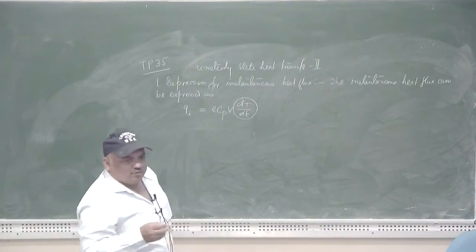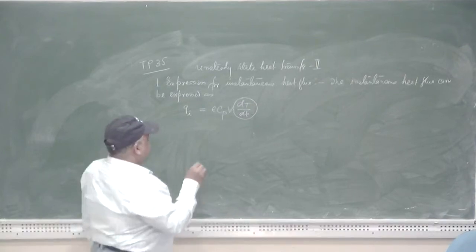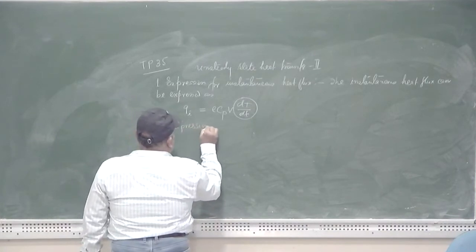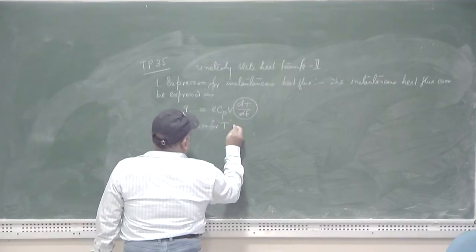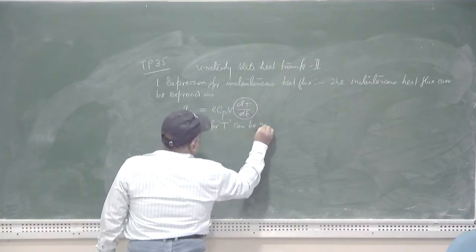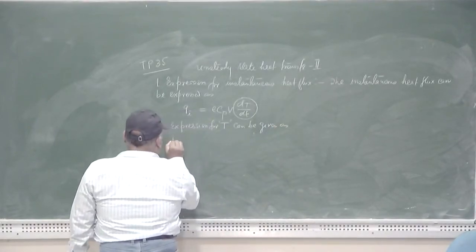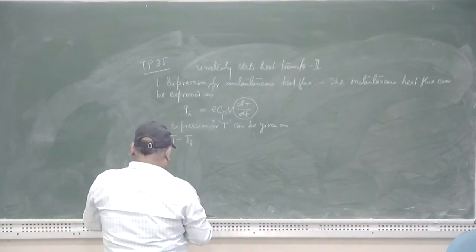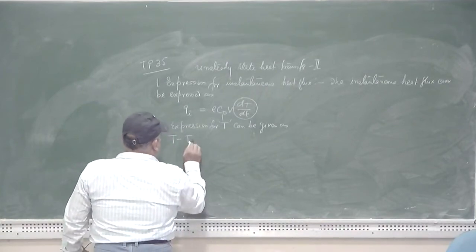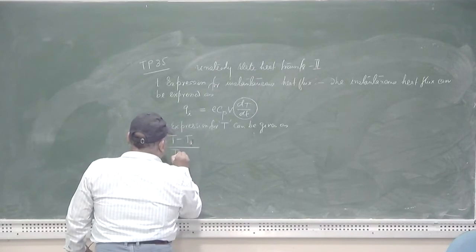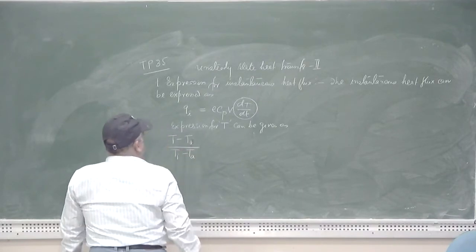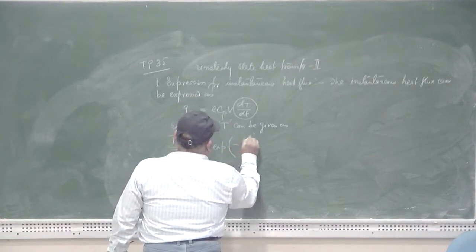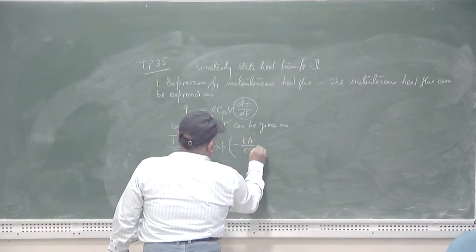Now, referring to the equation that I derived in the previous class, the expression for the temperature can be given as (T minus Ta) divided by (Ti minus Ta), where Ta is the ambient temperature and Ti is the initial temperature, equal to exponential of minus hA upon rho Cp V into t.